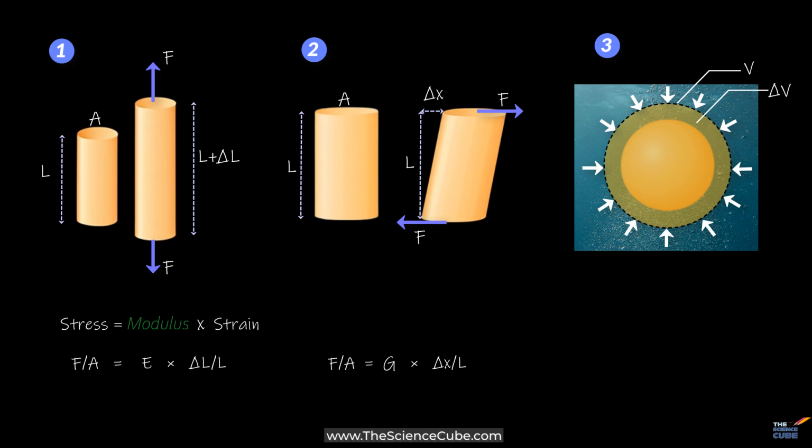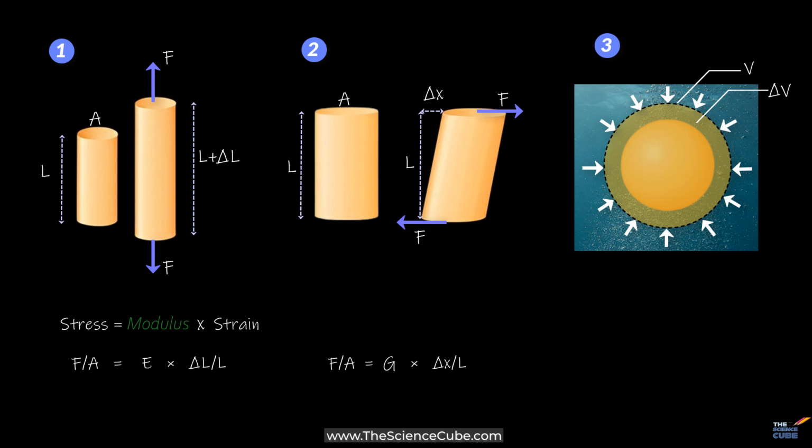And the last type of stress is what we call the hydraulic stress. That, as the name suggests, is a stress due to the fluid pressure P on an object, where we know that P is nothing but the force acting per unit area.